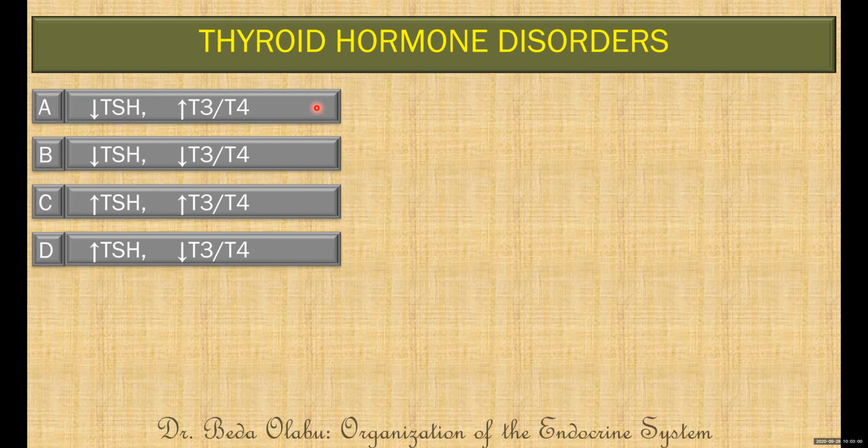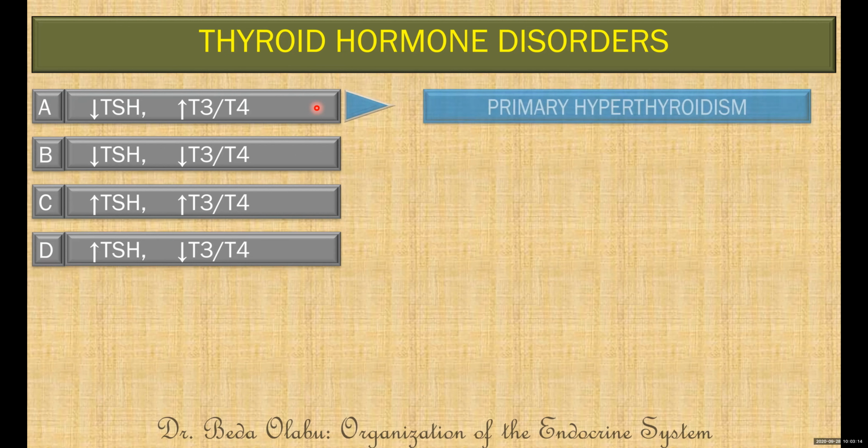Is it primary hyperthyroidism or secondary hyperthyroidism? Primary. Okay, very good. So patient A is primary hyperthyroidism. How about patient B? Primary hypothyroidism. Okay.